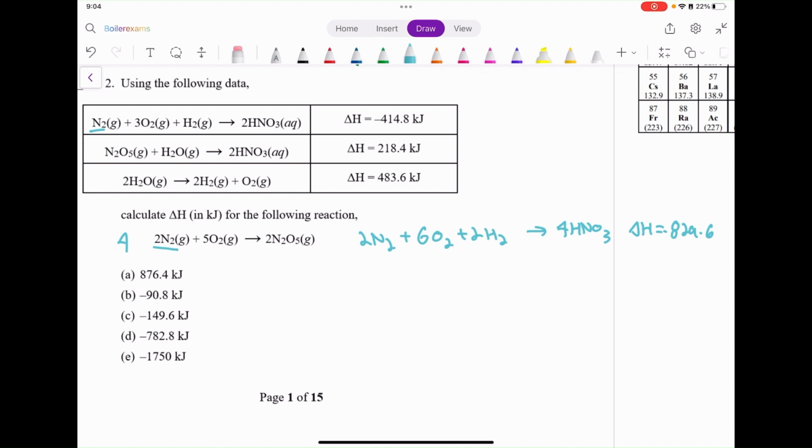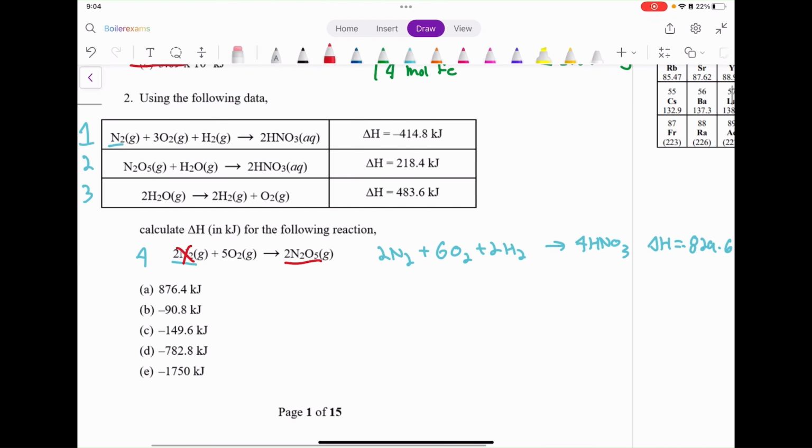Okay. All right. So we have the N2s down basically. Let's look at this one. That N2O5 only shows up in the second reaction, and it's on the reactant side, so we're going to have to flip it, as well as multiply it by 2.